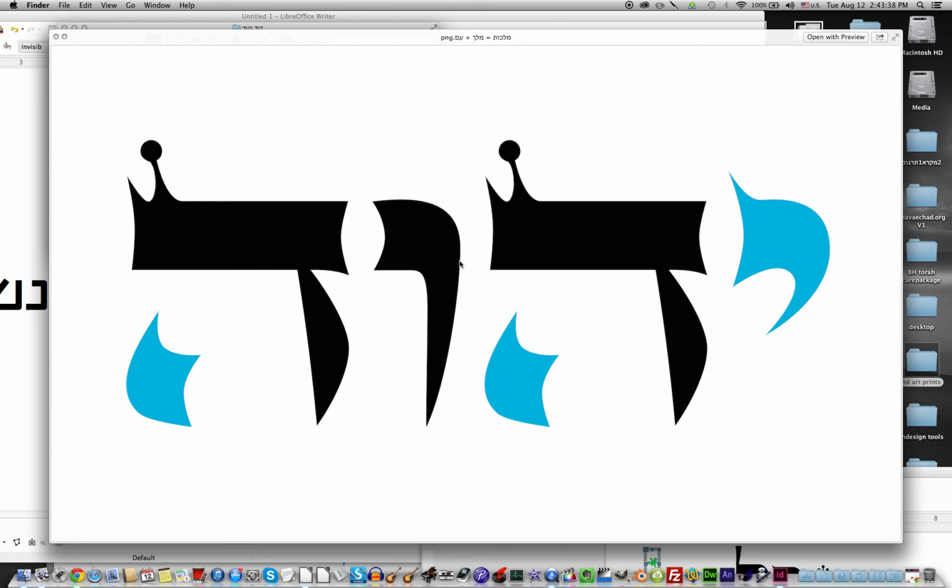Vav is the Chibur Benehem. Wow. That the Vav, the Yud, and the Yud, that is Aleph. Aleph is made up of a Vav, a Yud, and a Yud. So this is really like this is two Vavs.